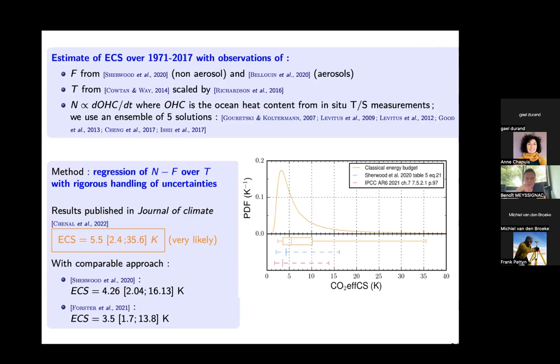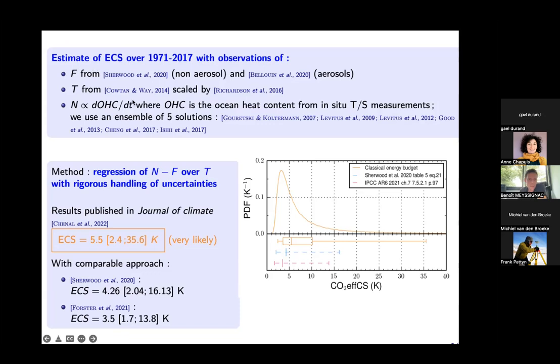We take the sea level budget from Frederikse and colleagues, correct it for the mass component, and so deduce the thermal expansion of the ocean over the last 40 years. From this thermal expansion, we can deduce the ocean heat content with the expansion efficiency of heat, which is a constant that makes the link between both.